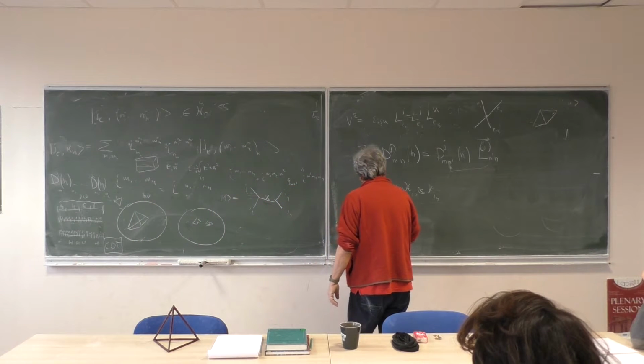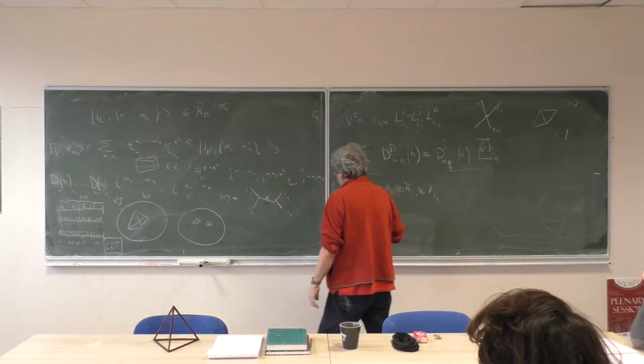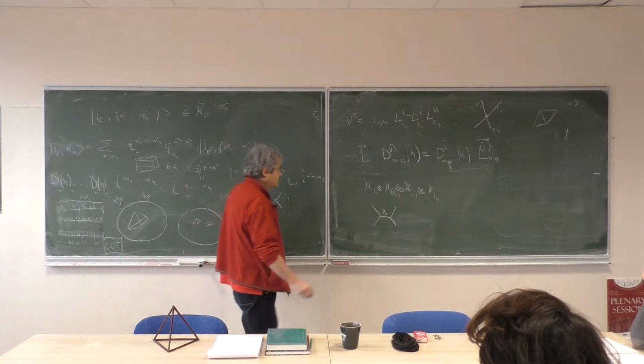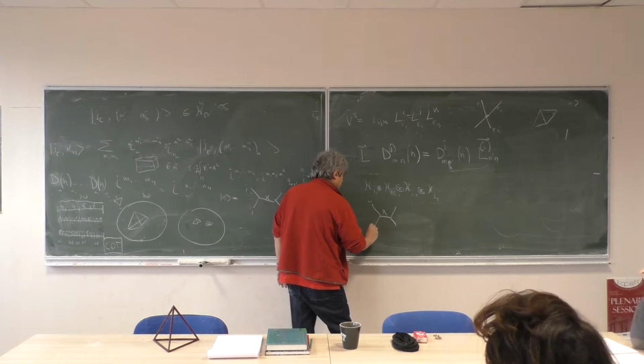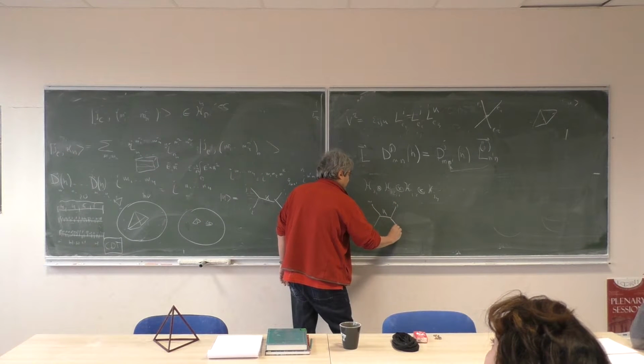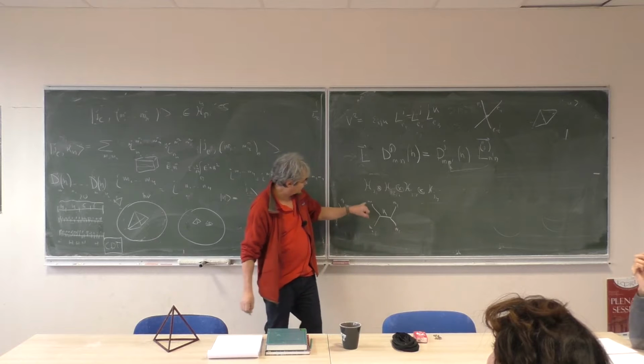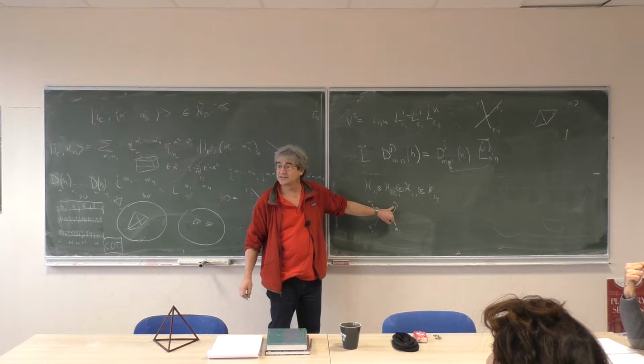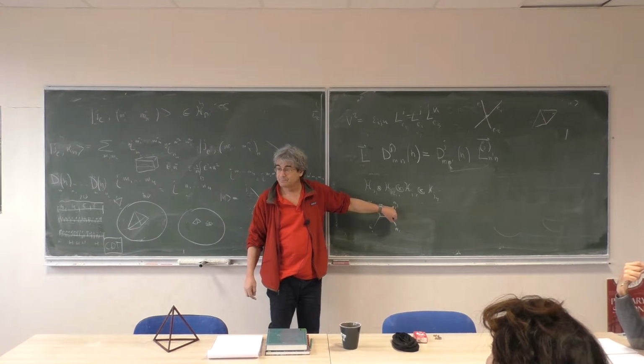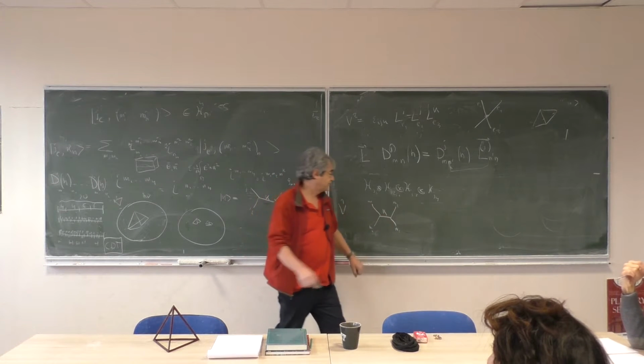You have one of these intertwiners, let's say K, with indices m1, m2, m3, m4. You act with the volume. You have just a matrix acting here, a matrix acting here, a matrix acting here. You have to get a linear combination of similar intertwiners.